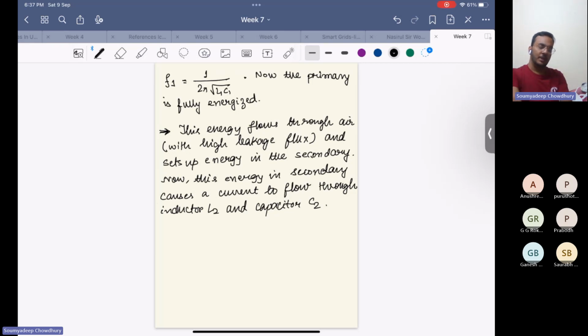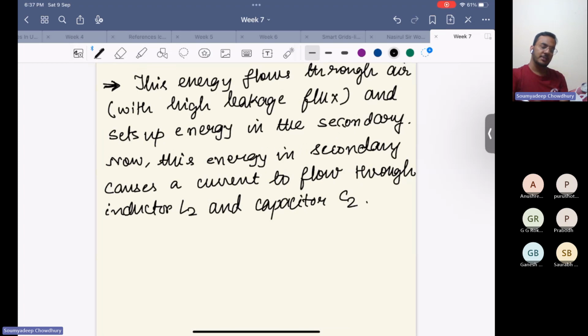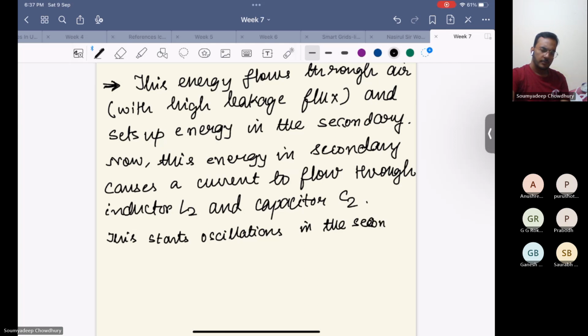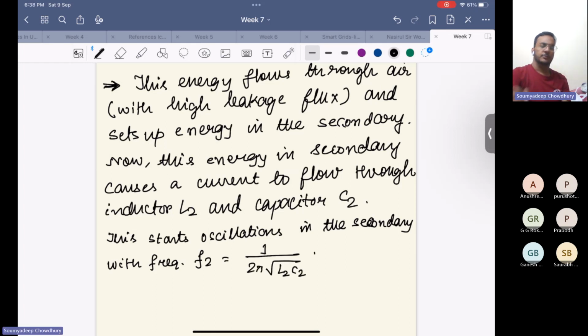This will also start another oscillations, inherent oscillations in the secondary winding, oscillations in the secondary with frequency F2 equal to 1 by 2 pi root L2 C2. Okay, so this will start.